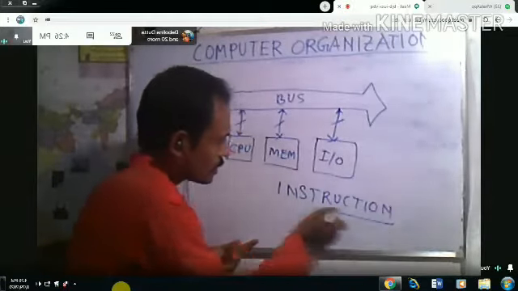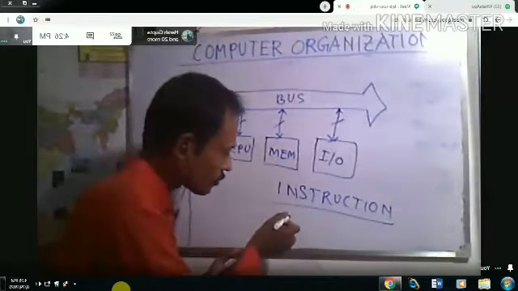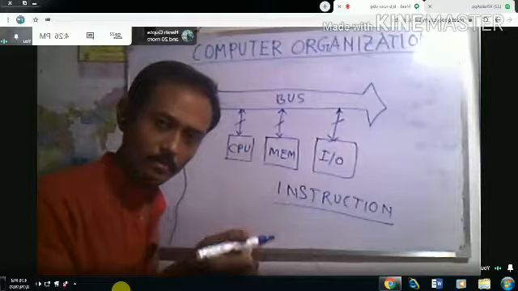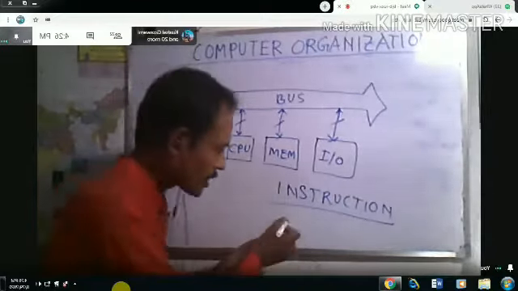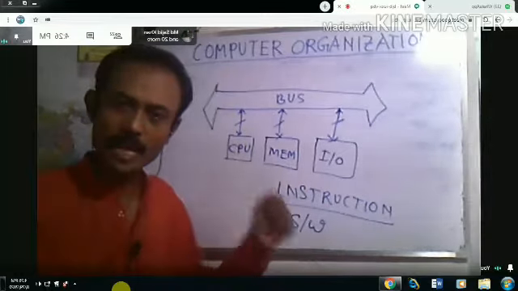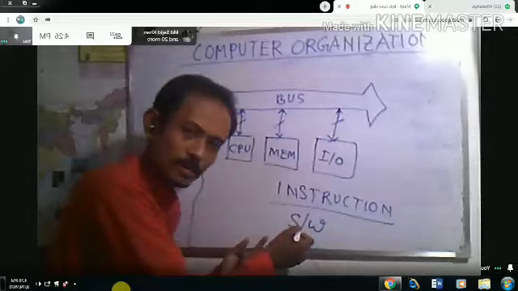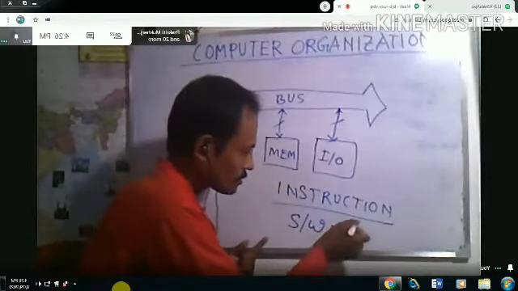Actually, where does this instruction come from? When we use the computer, we actually run different types of software. So what is software? Software is a collection of programs.